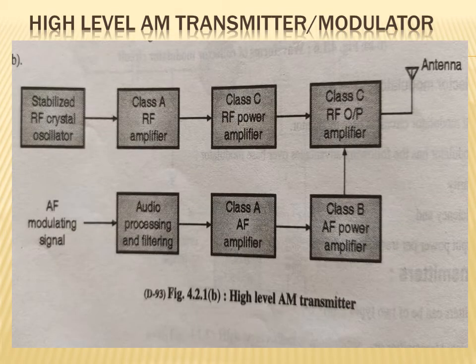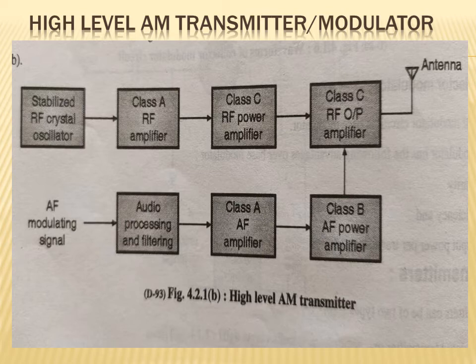Now the high level AM transmitter, or modulator. In this we are going to use a stabilized RF crystal oscillator, buffer amplifier, driver amplifier, class C amplifier, audio processing and filtering, class A AF amplifier and class B AF power amplifier.